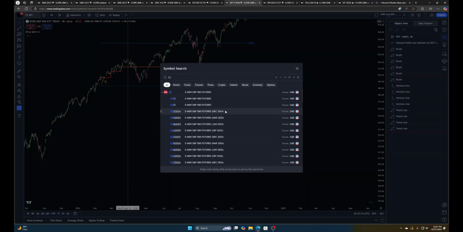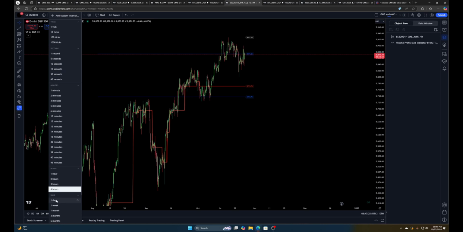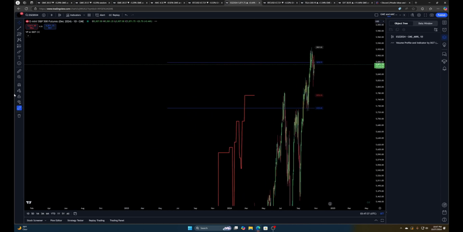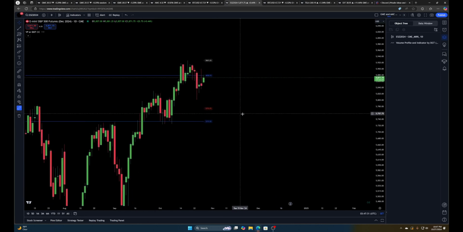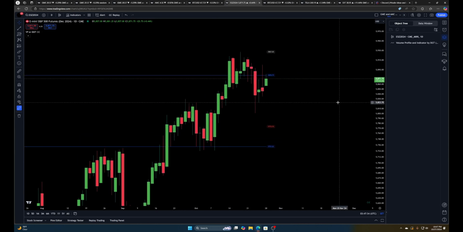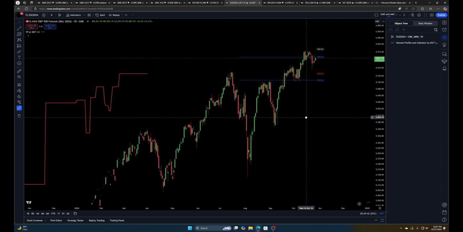So we'll look up SPY. We'll go to December. And okay, we need to go to the daily chart. Is daily green? Daily's green, up 0.44%. So we did hit resistance at our value area high at 58.78. So we could potentially come back from that level.